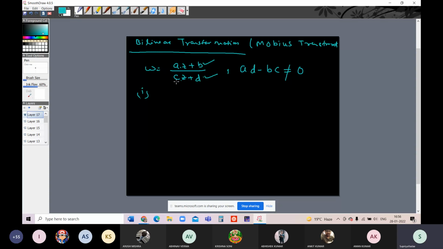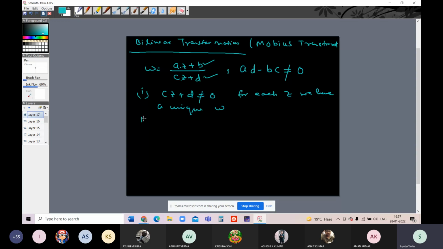For this transformation, if the denominator is non-zero, that is cz + d is not 0, then for each z we have a unique w. It means that it is a single valued function.